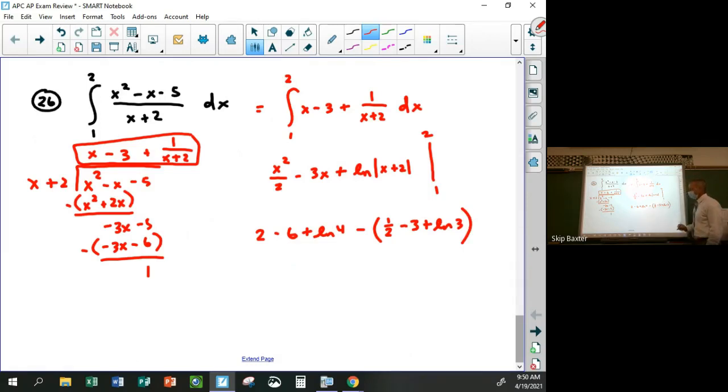So if you combine all the constants, 2 minus 6 is negative 4, plus 3, negative 1, minus a half is negative 3 halves, plus ln 4 minus ln 3. So this is negative 3 halves plus ln 4/3. That's the laws of logarithms. That's choice A.